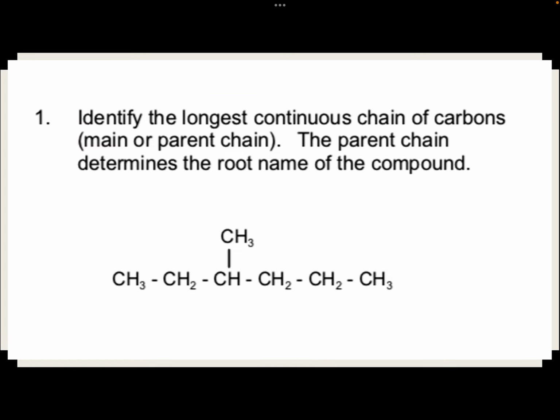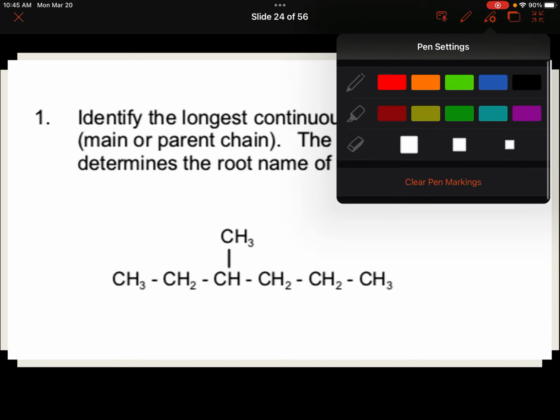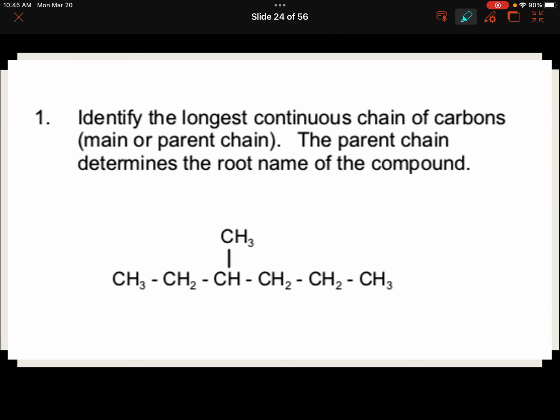So in these examples here, we're just going to identify the longest continuous chain of carbons based off of our information. So in this example here, identify the longest continuous chain of carbons. It can be known as the main or the parent. Remember, the parent here in this situation is going to determine the root name for the compound.